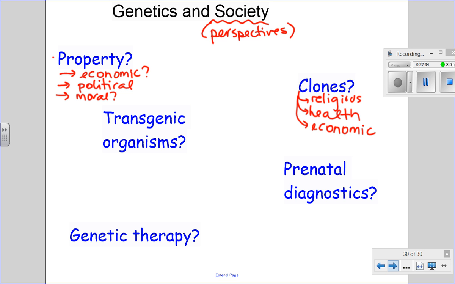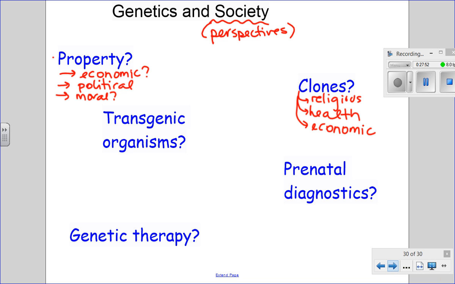So making a clone might not seem like a good idea unless you consider that making the clone could help us figure out how to cure a disease, or that making a clone could save us money because the clone is another copy of a plant that is producing food.